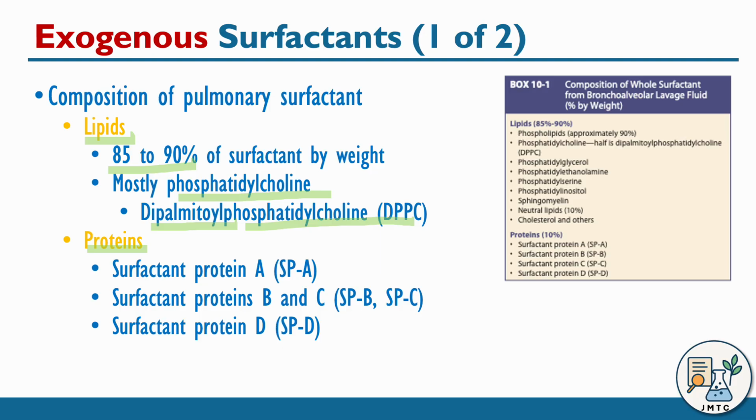Kailangan ng help ng ating proteins. Si surfactant B and C natin is known for spreading the surfactant. So, hindi lang siya in one area. And SPA natin regulates secretion and recycling. Yung SPD, hindi pa masyadong alam kung anong role niyan. But without these proteins, the surfactants will not spread properly sa alveoli.